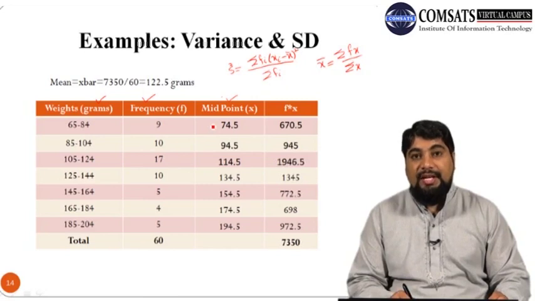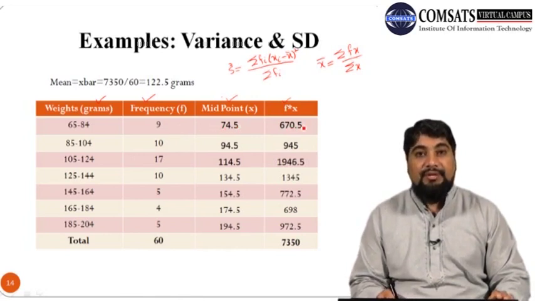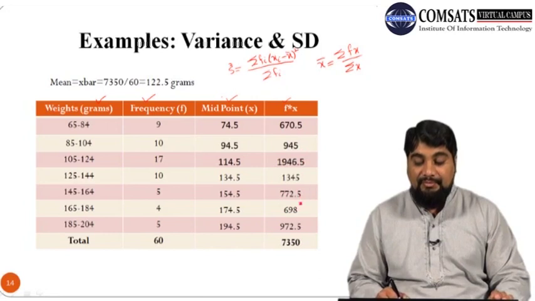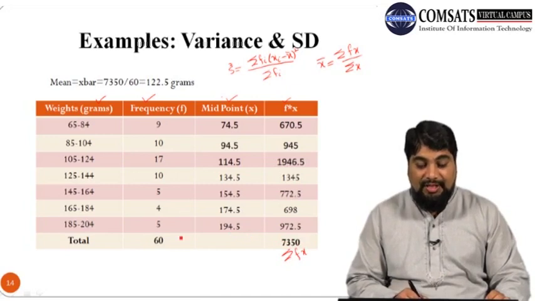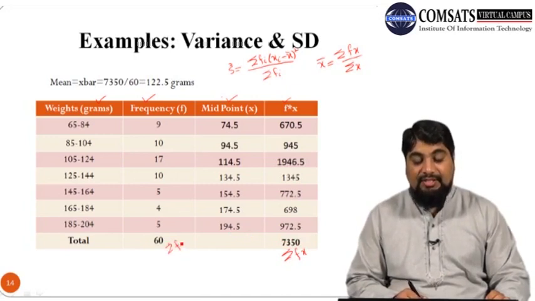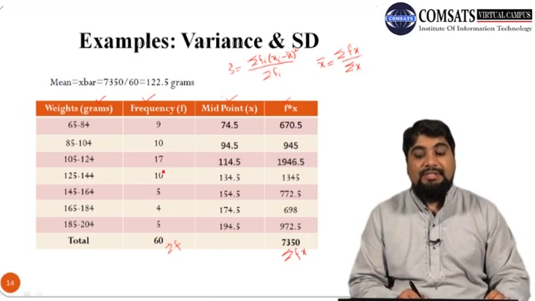So once we have the x column in hand, next step is to calculate f times x. So multiply this f with x, so 9 times 74.5, we get 670.5, and so on. In the end, find summation fx, which is the sum of all the values in this column, so it is 7350, and next find summation f, which is 60 in this case, the sum of all the frequencies.